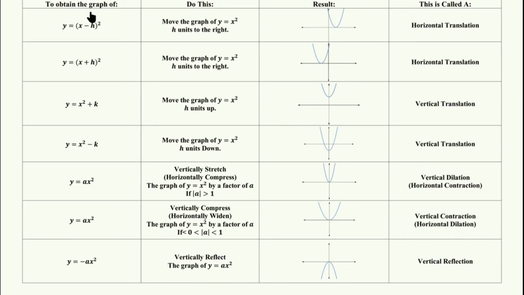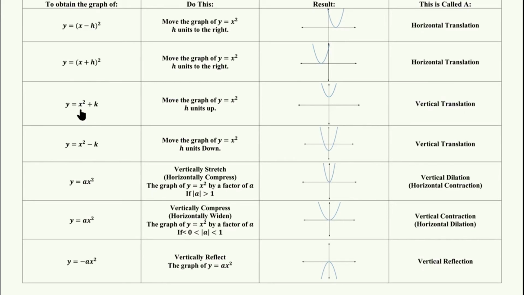To obtain the graph of, for example, this function for some positive value h, you're going to move the graph of x squared h units to the right, correct? Remember, these are just horizontal translations. To get the graph of y equals x plus h squared, you're going to move the graph of y equals x squared h units to the left, remember?